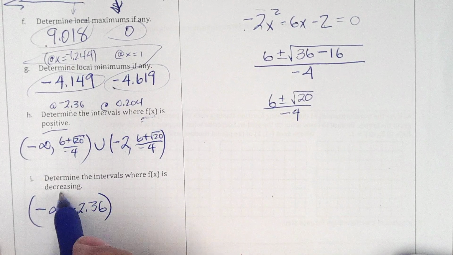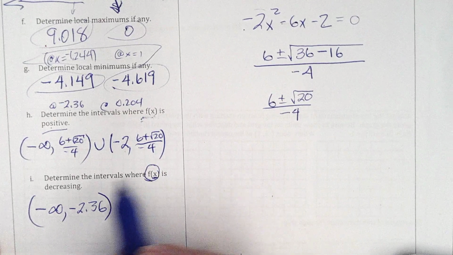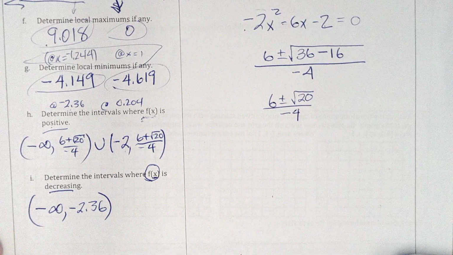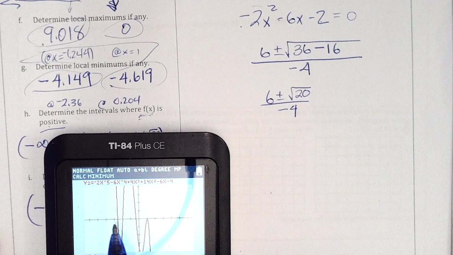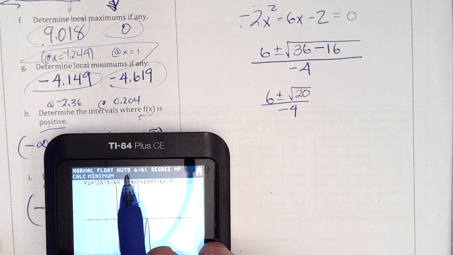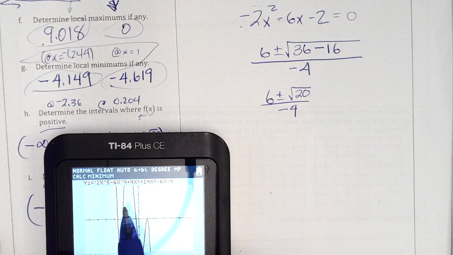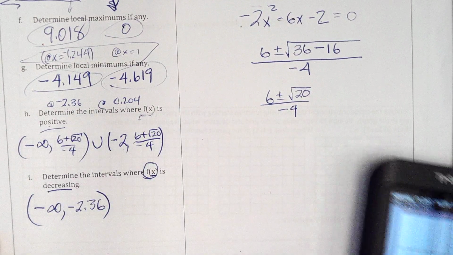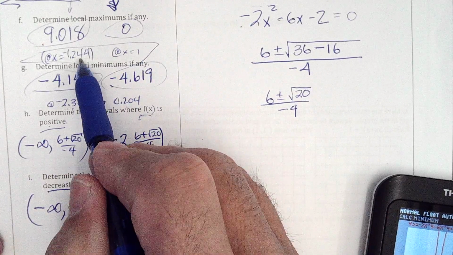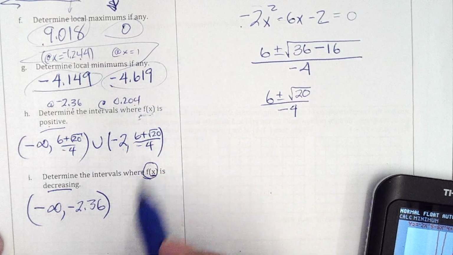We're finding the x's where the y value is decreasing as x moves across. So it's decreasing all the way to this minimum. Then it increases to that maximum. So now we need to know the x value of the maximum because it decreases from there to that minimum. From this maximum to this minimum, it decreases.